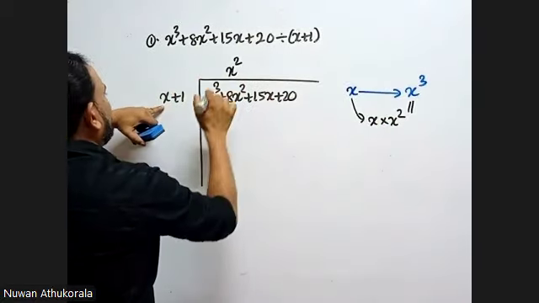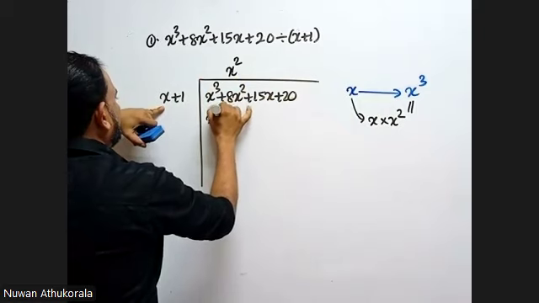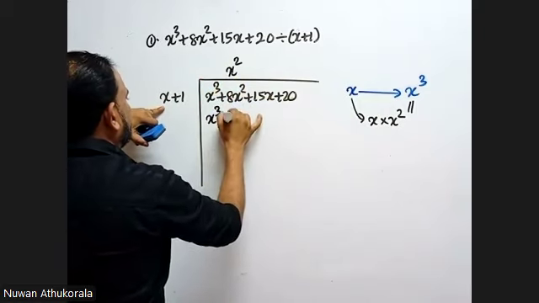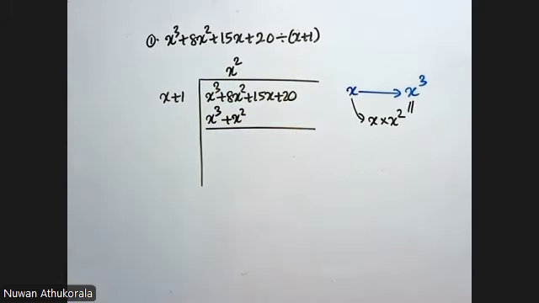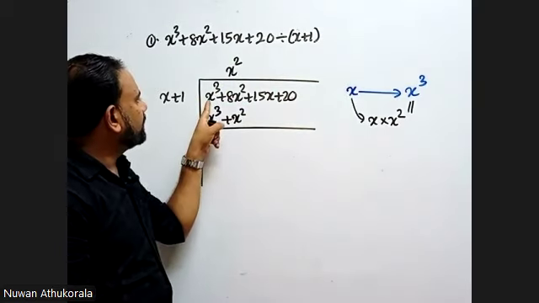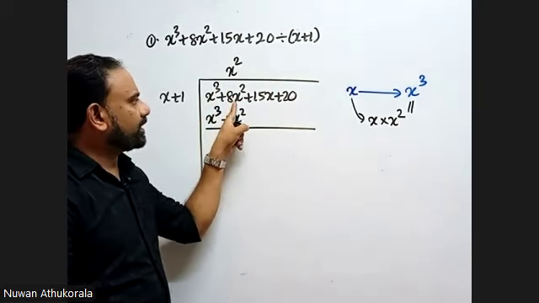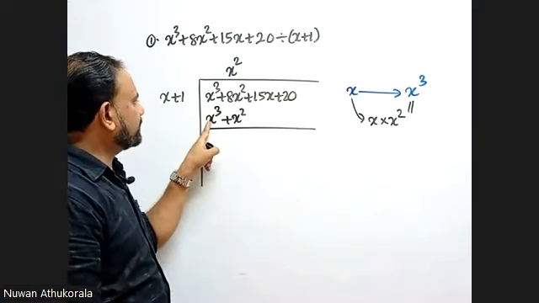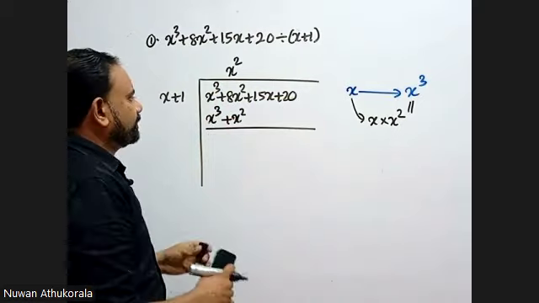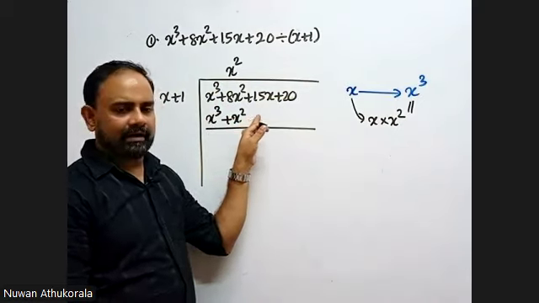x into x squared becomes x cube. x squared into 1, x squared. Then x cube plus x squared. Check the second line.